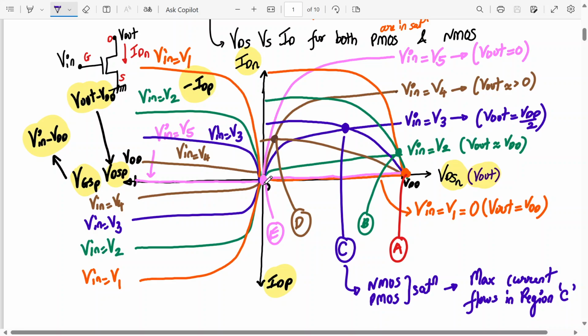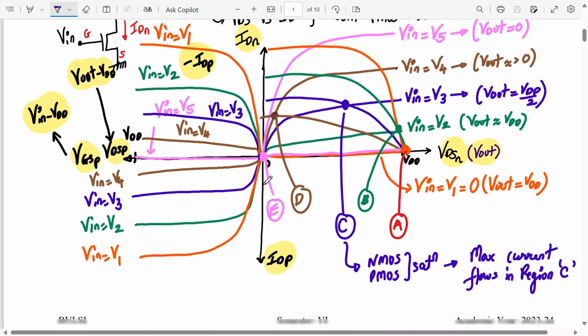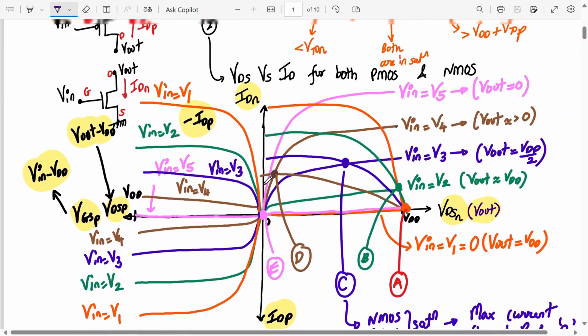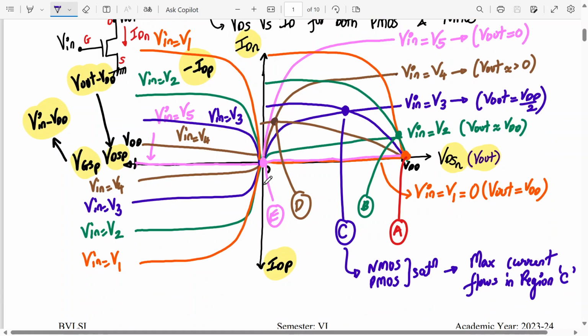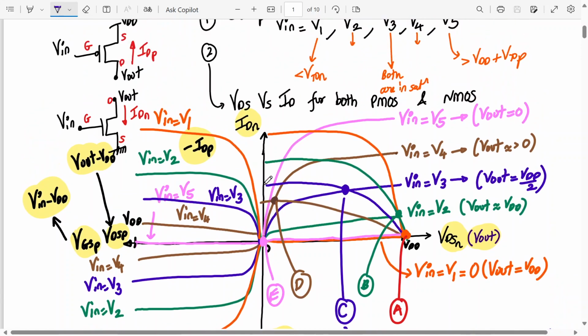So now we'll define the threshold voltage for the inverter. Now this was the explanation part. I hope it is clear now. So from this, what do we learn? We have superimposed both the currents together, and we have seen the points of overlap. I've used the color code for the points of overlap.